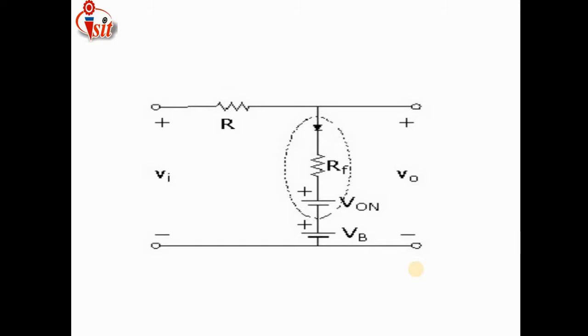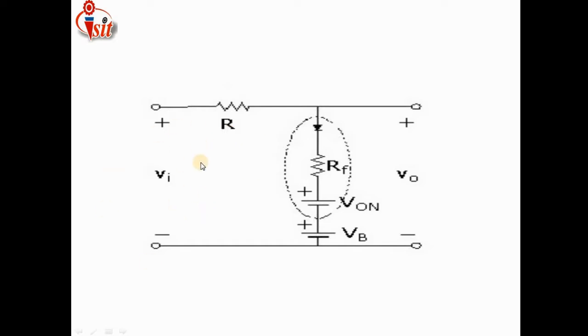Here we are connecting a voltage battery as a voltage source, and another battery is connected along with RF, which is connected in series with the diode, and there is a series connection with that diode's reference voltage, that is another battery, V on, related to the on and off condition of that particular clipping circuit.